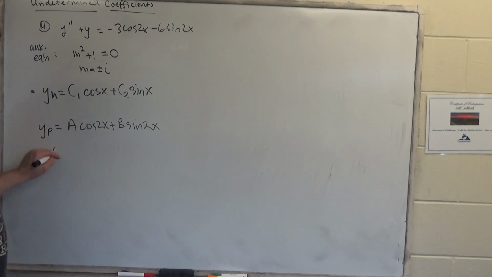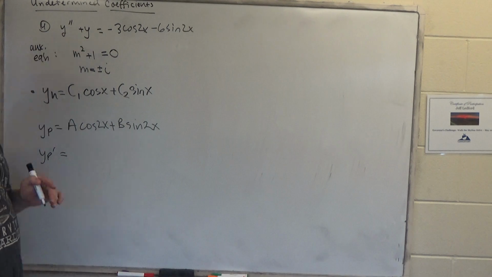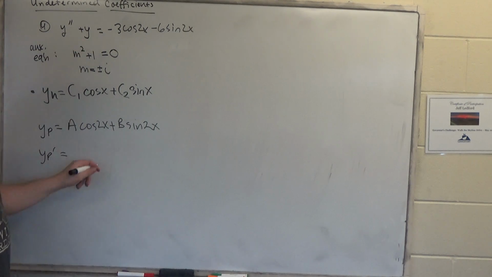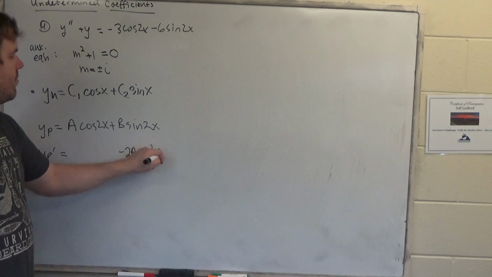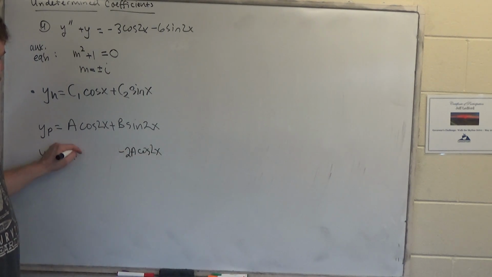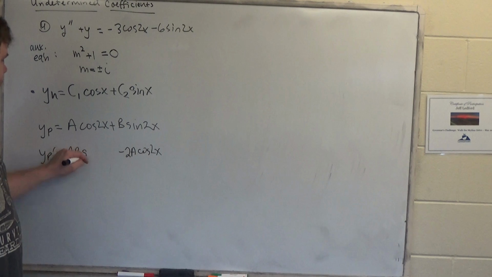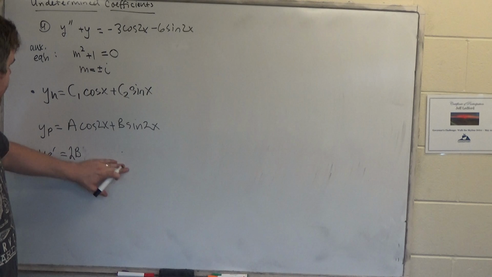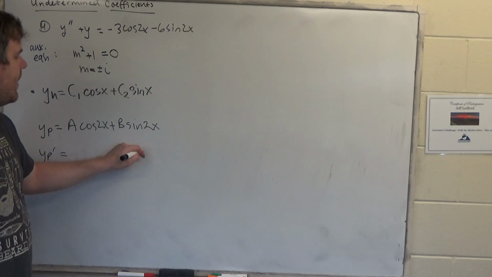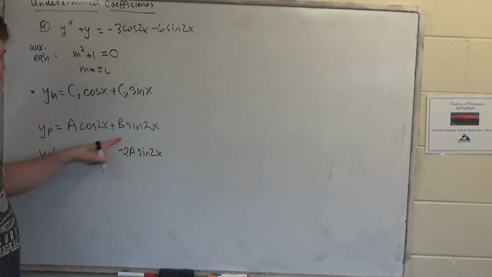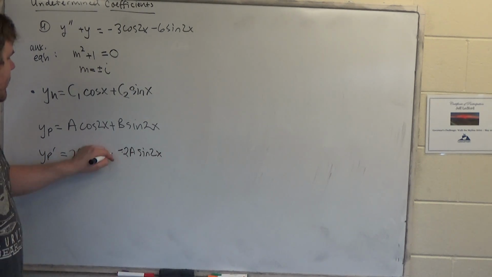Now I need to take derivatives so that I can plug it back into the left-hand side of my differential equation. And then I'll get, let's see, so negative 2a sine 2x, taking the derivative of this one, and taking the derivative of this one, I get 2b cosine 2x.